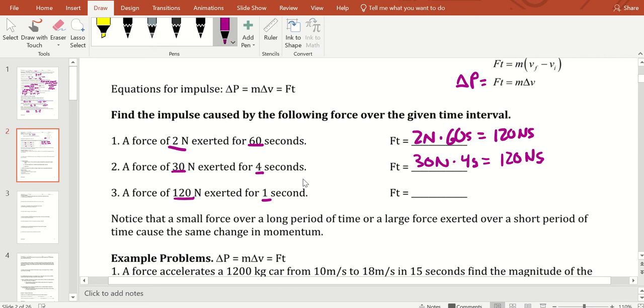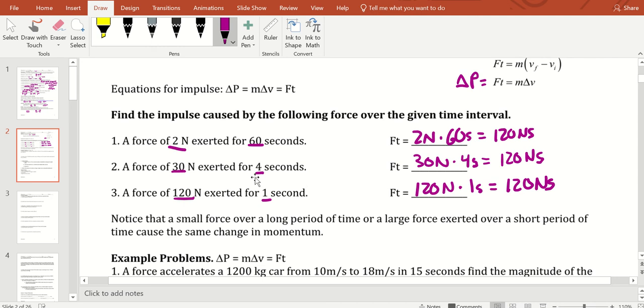A force of 120 newtons exerted for 1 second, so now we've really increased the force and really decreased the time, and yet the net result in terms of impulse is the same. All three examples give you a total of 120 newton seconds of impulse.